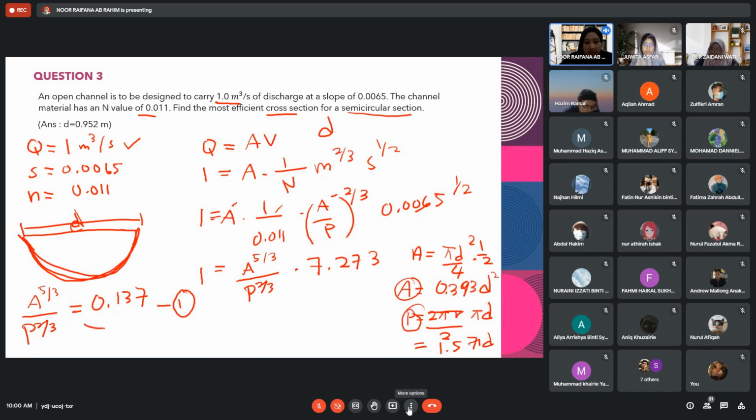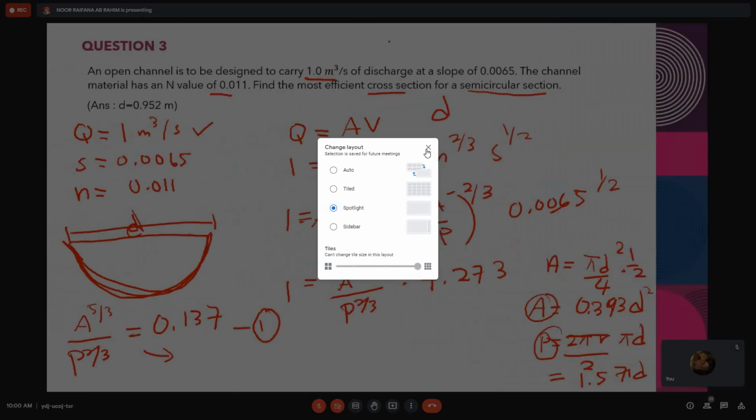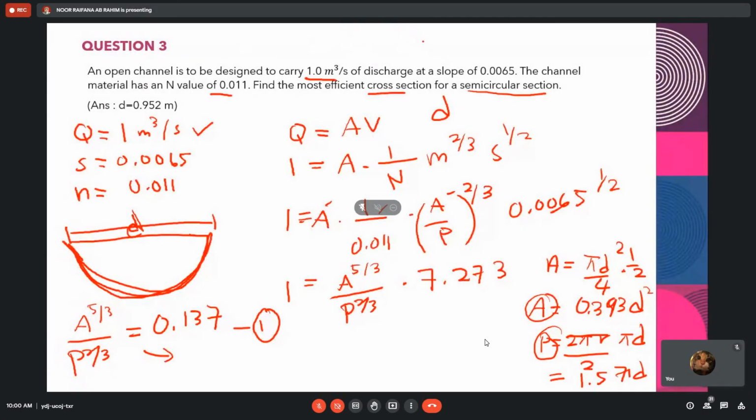Jadi bila kita refer to this equation, kita masukkan nilai, saya tulis kat sini lah, tak muat dah besar sangat tulisan. Okay, so area tadi adalah 0.393 D square power of 5 over 3 divided by P tadi, sorry, P adalah 1.571 D kuasa 2/3 is equal to 0.173.